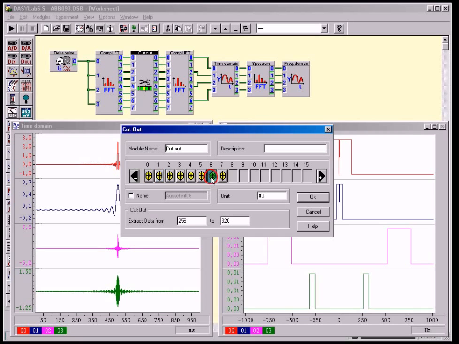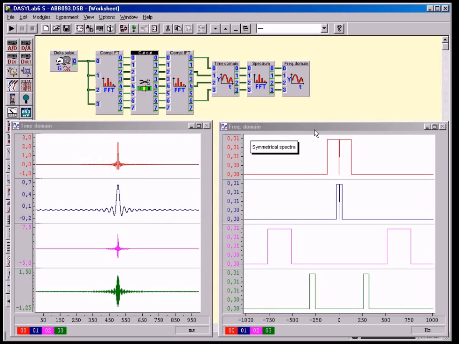In the case of a bandpass signal, only the relevant section is cut out. The rest of the frequency band is then transformed back into the time domain, Ift. It is now available as a test signal with a precisely defined frequency range.